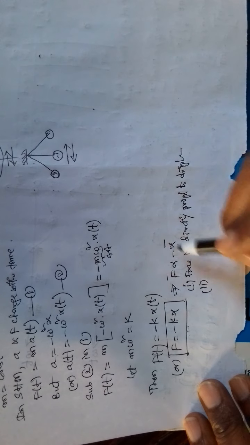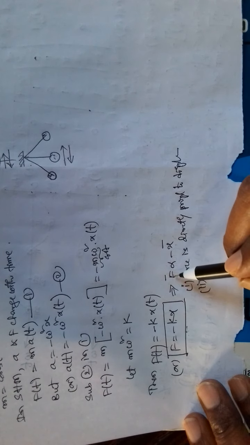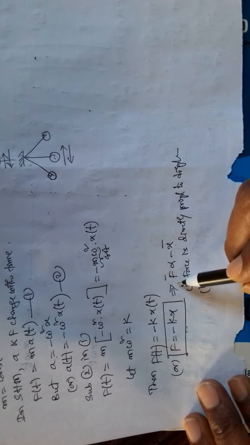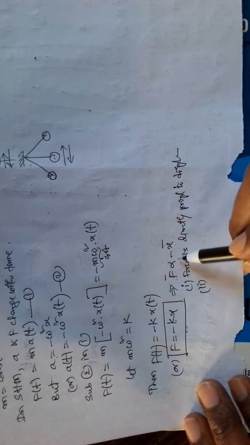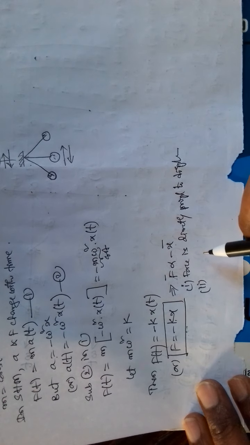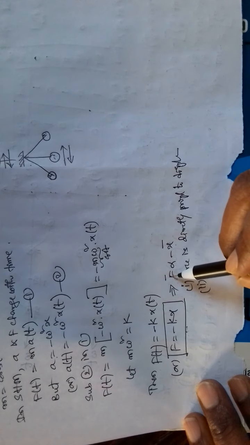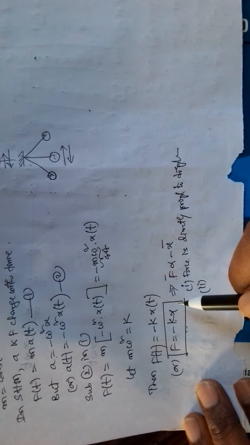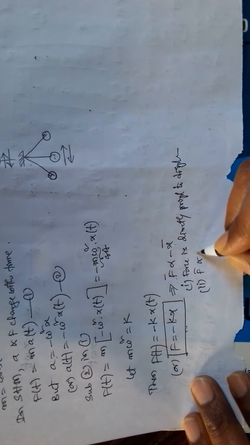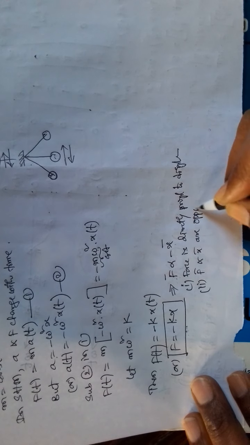Since these two are vectors, they have not only magnitude but also direction, and the minus sign tells you that they are oppositely directed. If x is towards right hand side, force will be towards left hand side. So F and x are oppositely directed.